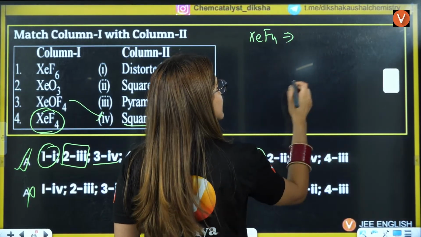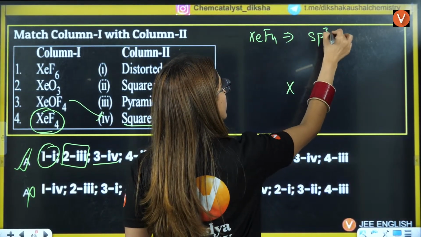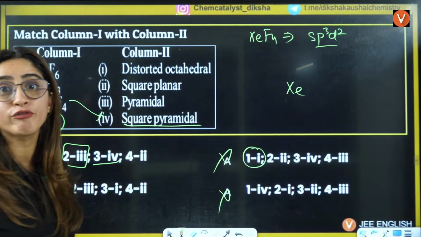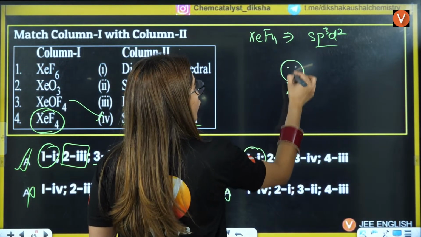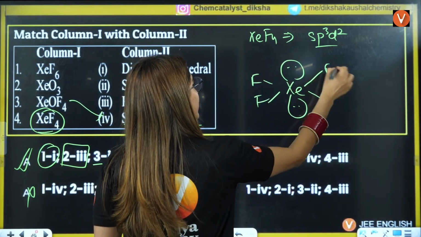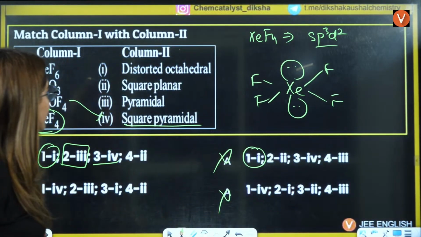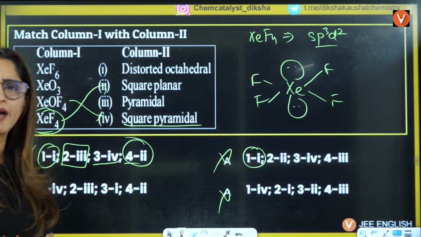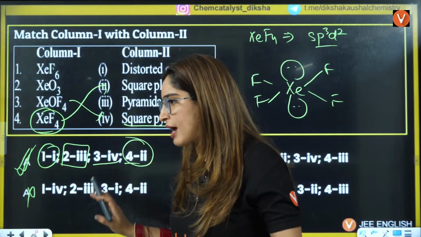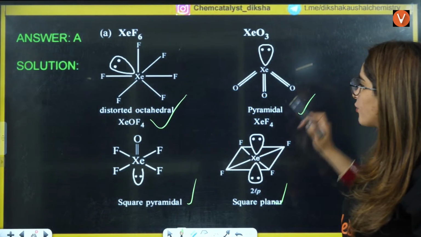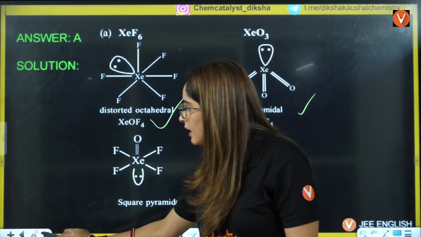So again it is sp3d2, that is octahedral. But here you have 2 lone pairs, and 4 fluorine atoms, that is square planar, that is 2, right? We got the answer before also, but I'm just trying to tell you how to solve all the questions here.